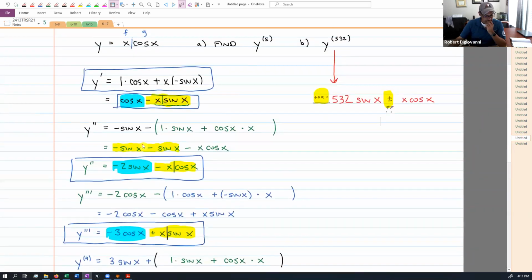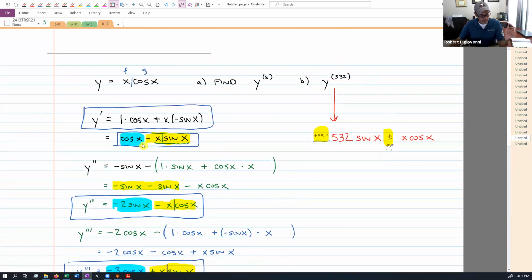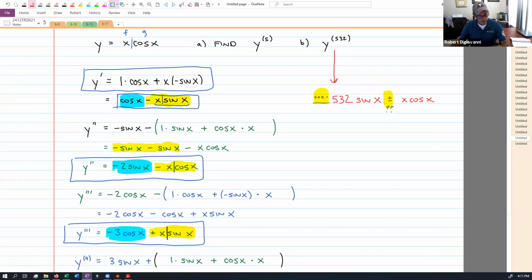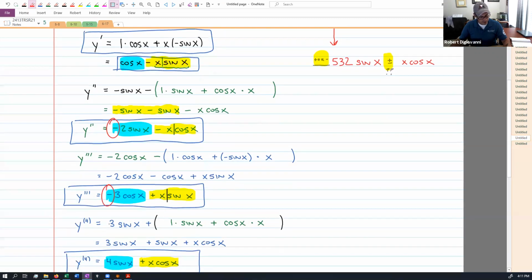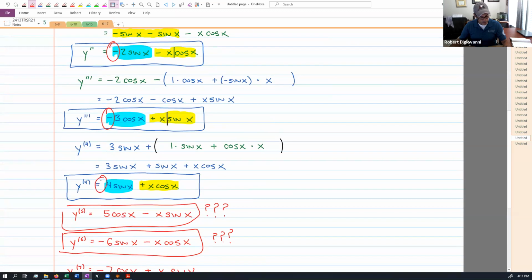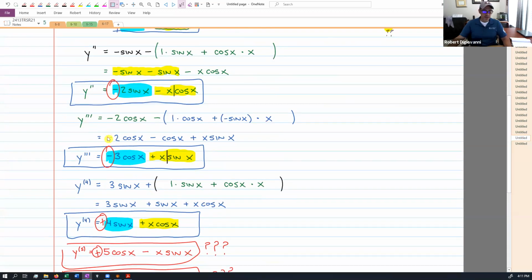Let's start with the second derivative. Let's try and figure out this sign right here. It goes minus, minus, right?